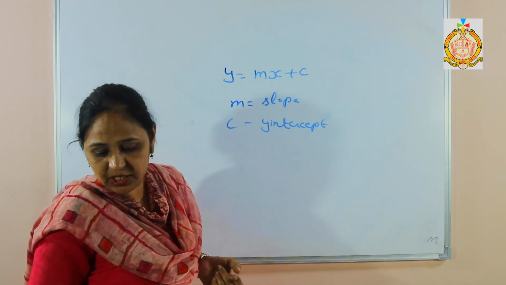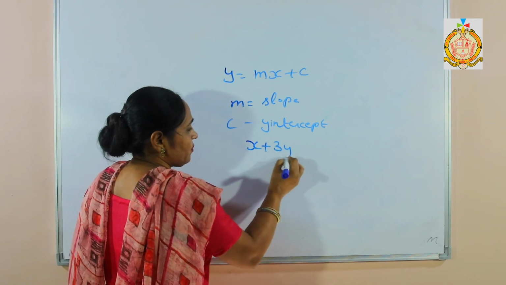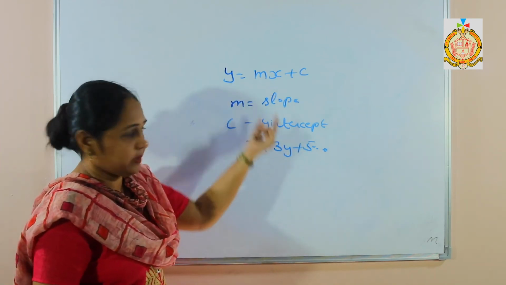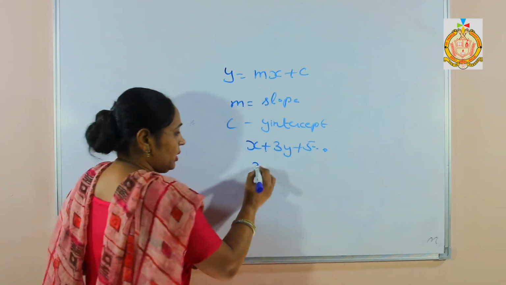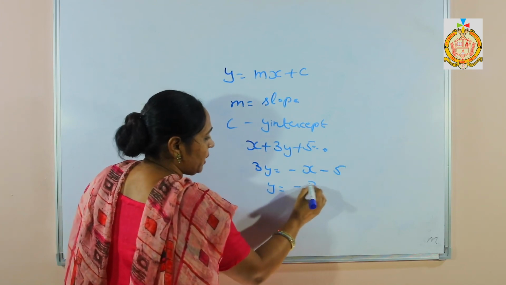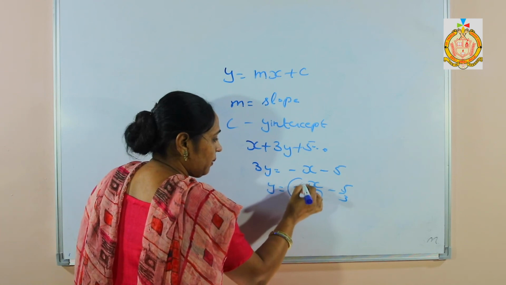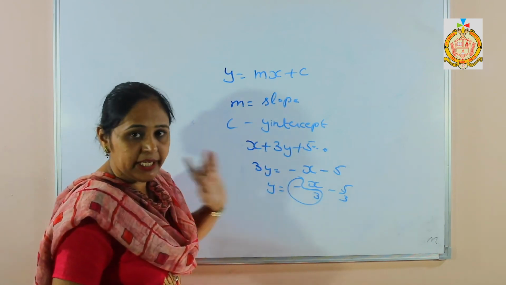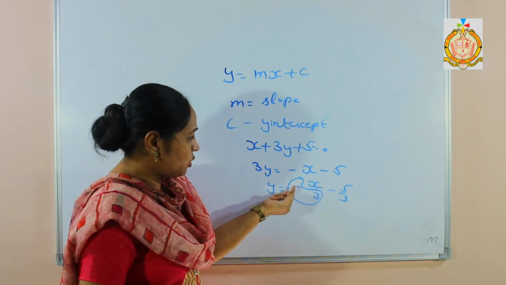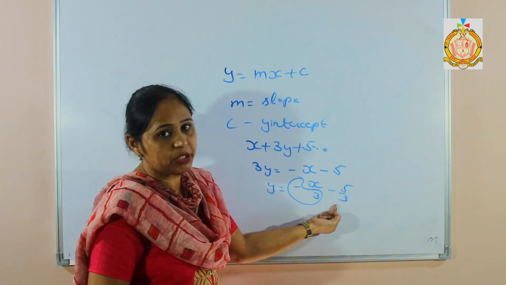Now there is a given equation x plus 3y plus 5. Now we have to prepare it like the general form, that means y will be on one side. 3y equals minus x minus 5, y equals minus x upon 3 minus 5 upon 3. Now the value of m is 1 upon 3 with a negative sign, and the value of c is minus 5 upon 3. That means the slope is minus 1 upon 3 and the y-intercept is minus 5 upon 3.